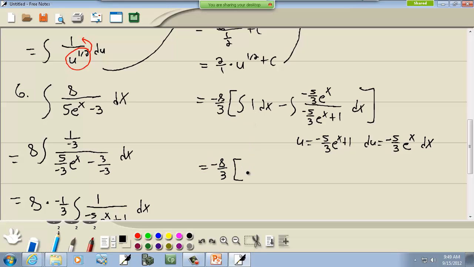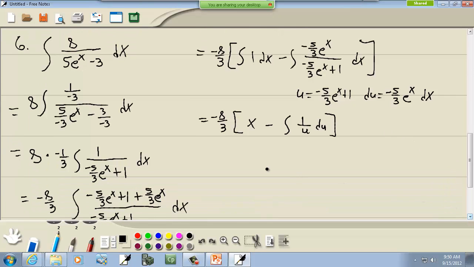Well, the integral of 1 just gives us x minus, and I'm going to rewrite this first. This becomes 1 over u du. I'll add this plus c on here in a minute. So I've got x minus the integral of 1 over u, which is natural log of the absolute value of u plus c. And u, we said, was -5/3 e to the x +1.